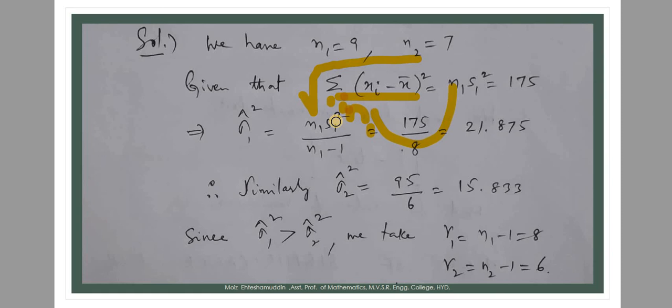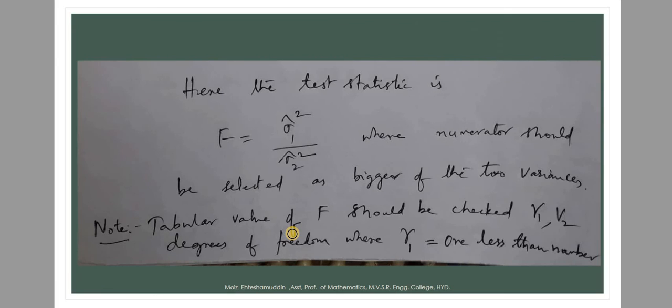You know how to calculate that variance, that is nothing but the square of the standard deviation. So sigma 1 cap square is n1 into s1 square by n1 minus 1. Sigma 2 cap square is n2 into s2 square by n2 minus 1. And finally the test statistic is F equal to sigma 1 cap square by sigma 2 cap square.